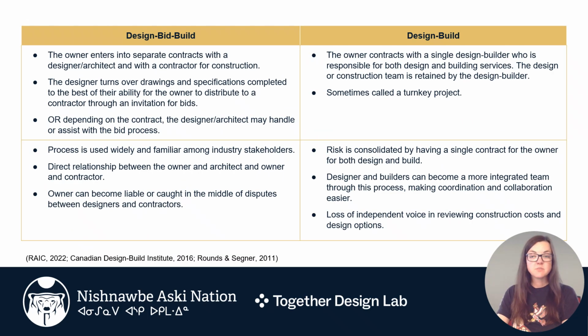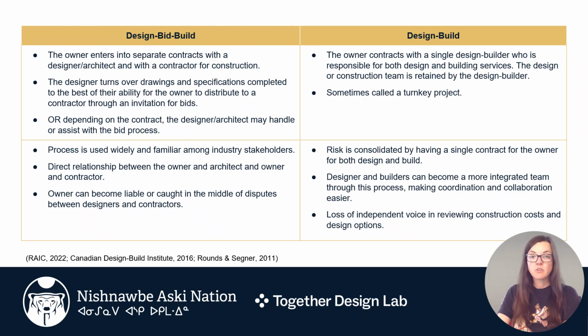Let's look at both of these processes in a little more detail. Under design, bid, build, the owner enters into separate contracts with a designer or an architect and with a contractor for construction. The designer turns over the drawings and the specifications completed to the best of their ability to the owner to distribute to a contractor through an invitation for bids.